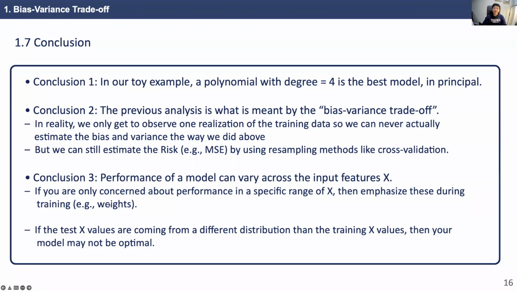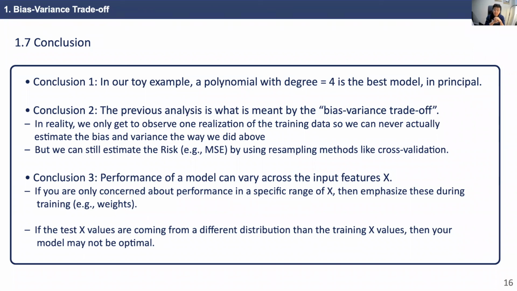So now here are 3 main take-home messages from this lecture. First, in our toy example, a polynomial with degree 4 is the best model in principle. However, for some data, some simulations, the models with degree 8 and degree 2 performed better. Second, this analysis is what is meant by the bias-variance trade-off.